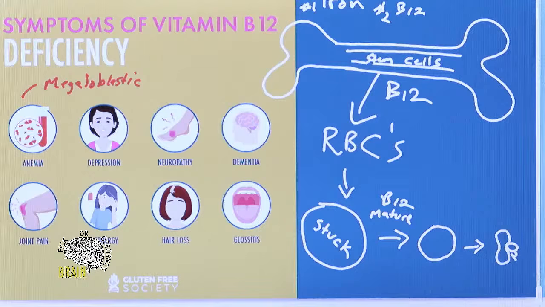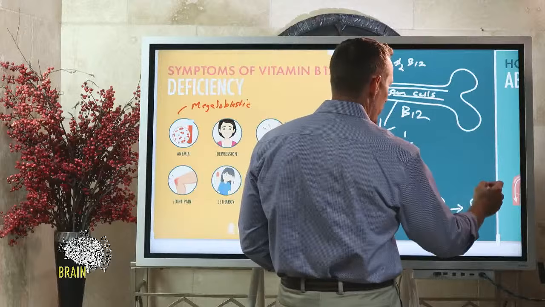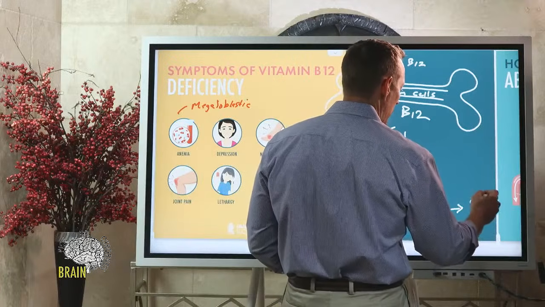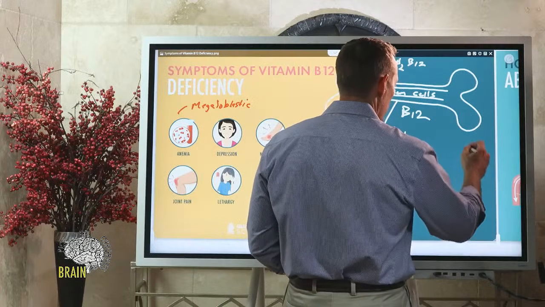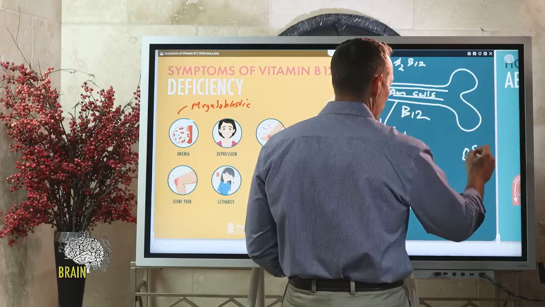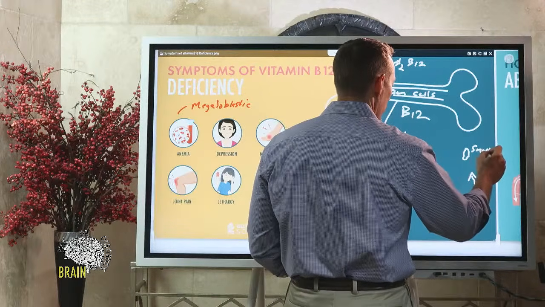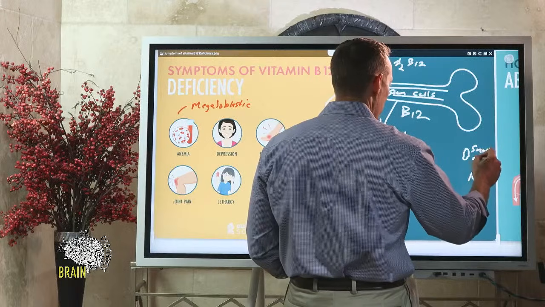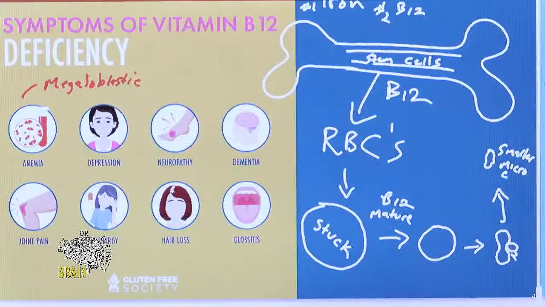An iron deficiency causes a small cell anemia. So if we expand this out, this red blood cell is even smaller, and we call that microcytic anemia, microcytic hypochromic, meaning it's a small and a pale red blood cell, and it doesn't carry oxygen very well either, but they look very different on blood tests.